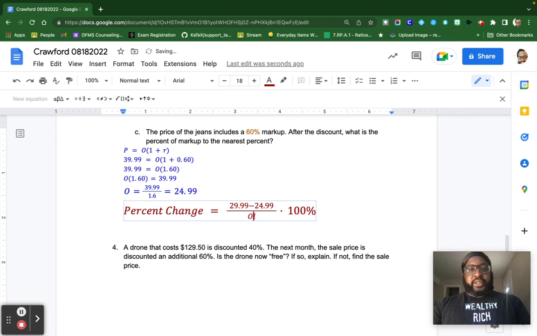The original price is the price after the discount because we're comparing. What we're comparing is the original price to the discounted price. The original price before they made the jeans more expensive, which was the 24.99, to the discounted price, which is the 29.99.